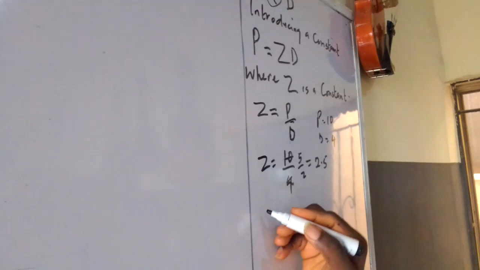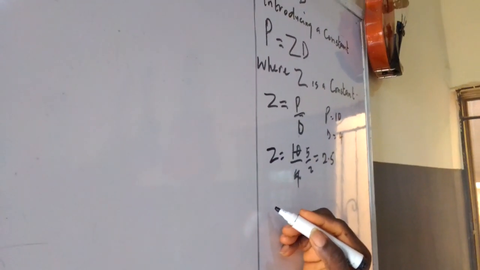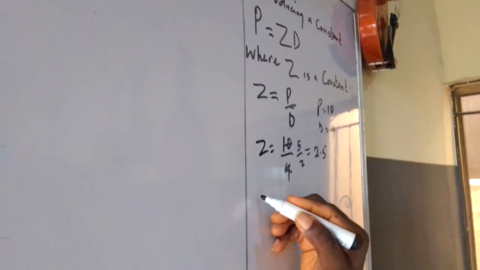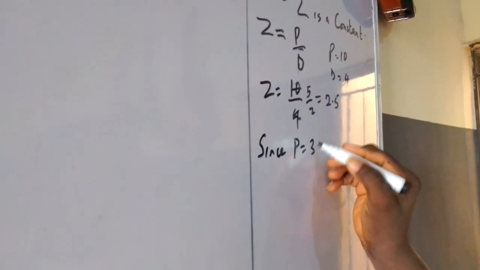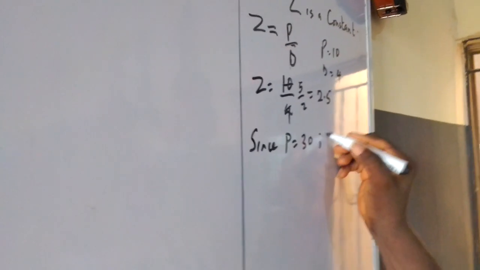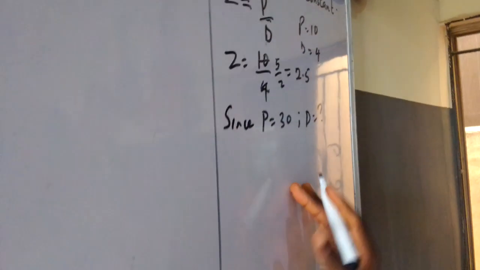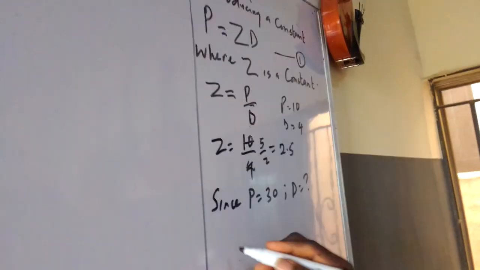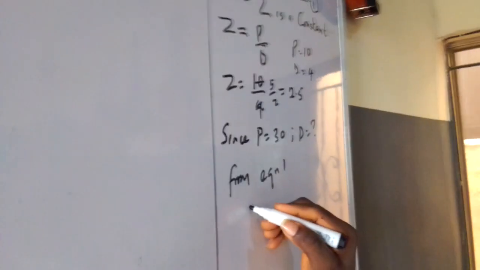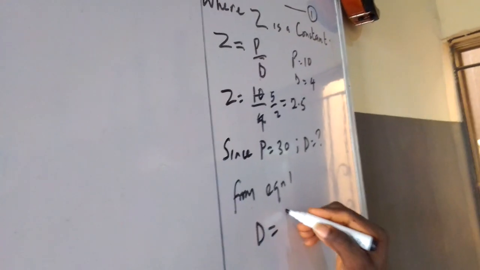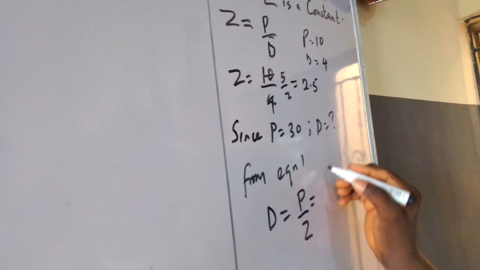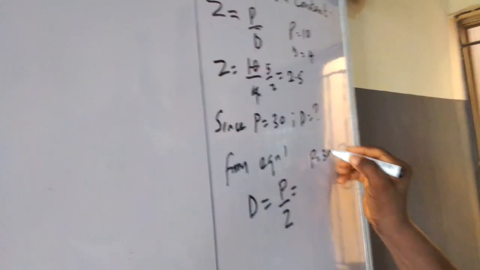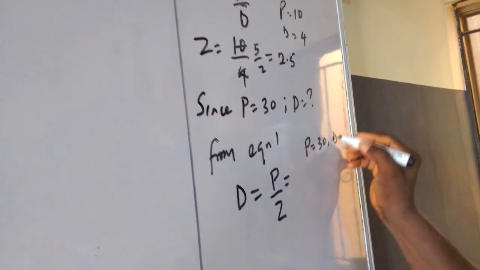They now say find the age of Dunsi when Peter is 30. Since P is 30 and D is unknown, from equation 1, D is equal to P over Z. P is now 30 and D is the question mark.